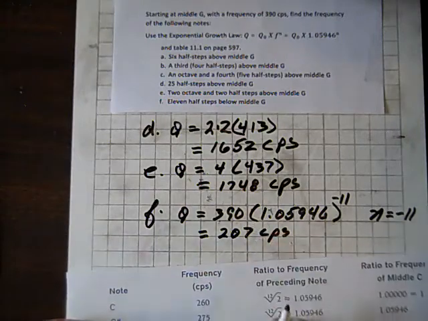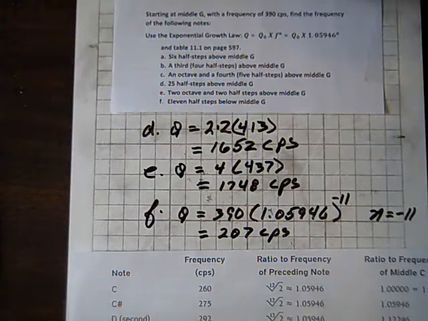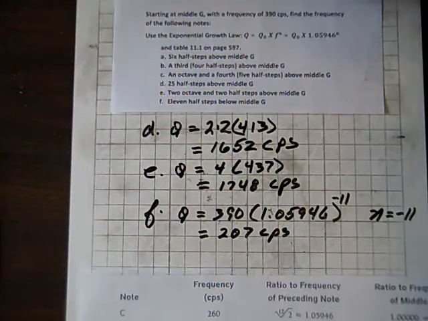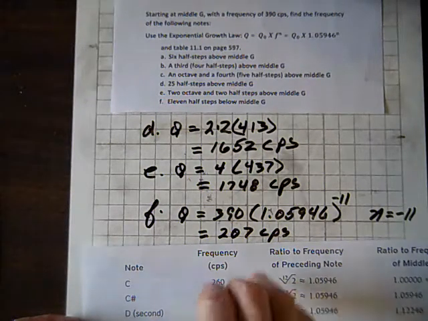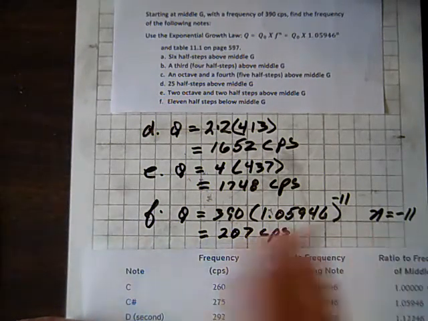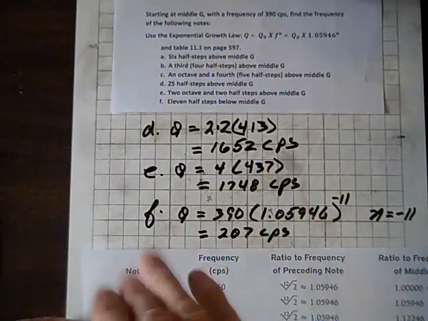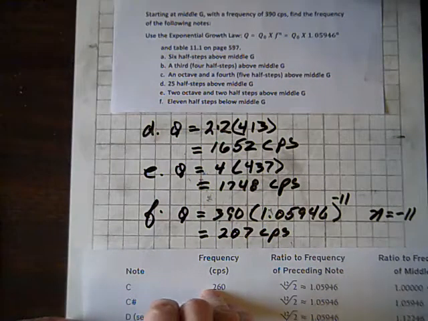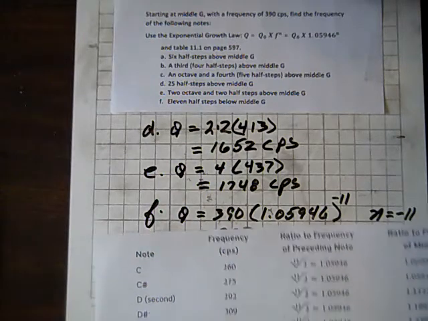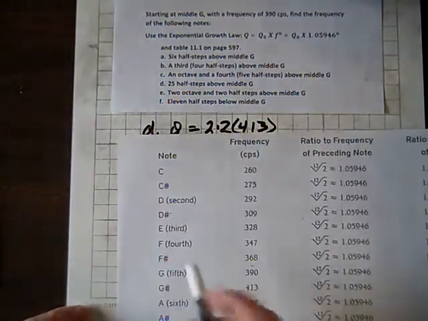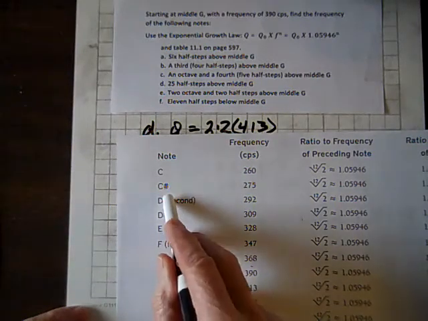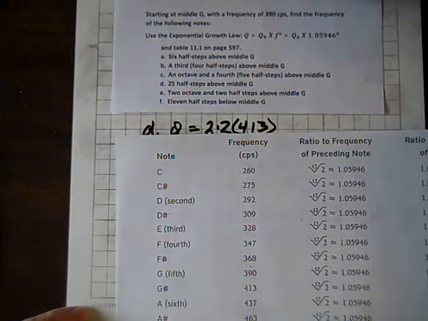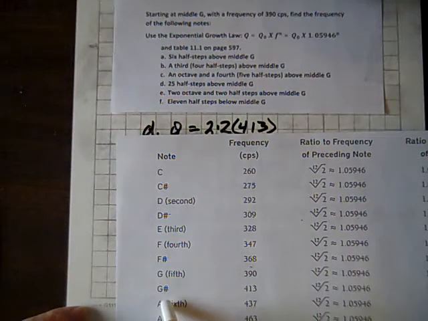Now let's use the table, and we'll count. So, by the way, if you go up an octave, you double the cycles per second. If you go down an octave, then you divide the cycles per second by 2. So here we are at G. We're going to go down 11 half steps. 1, 2, 3, 4, 5, 6, 7, 8 at B, 9, 10, 11.